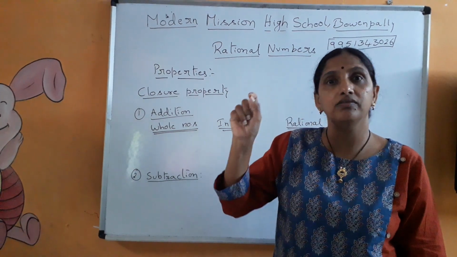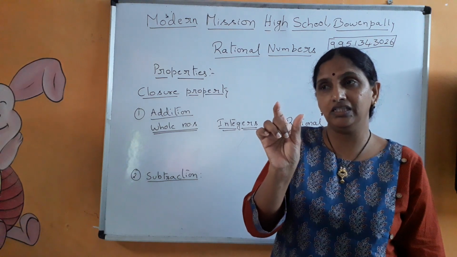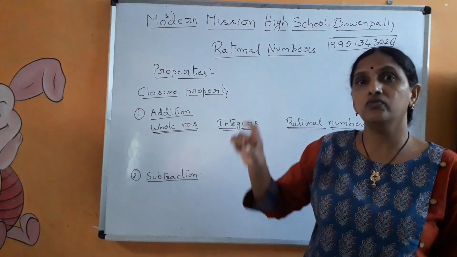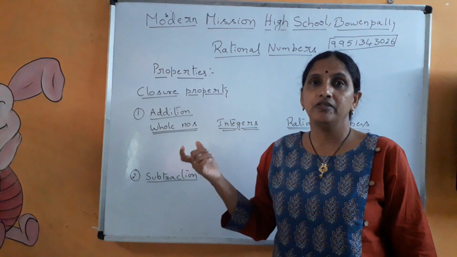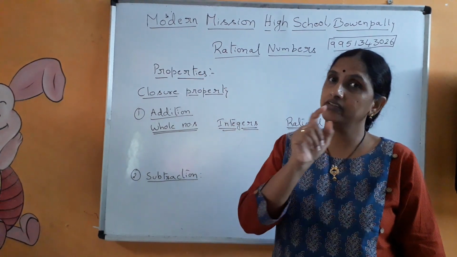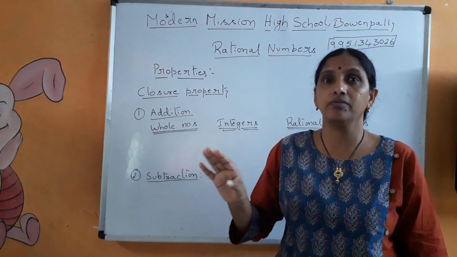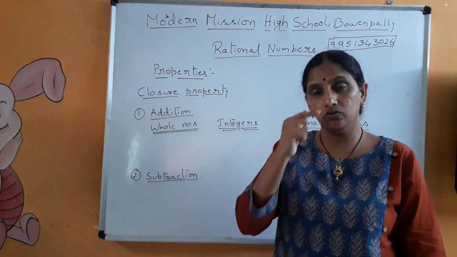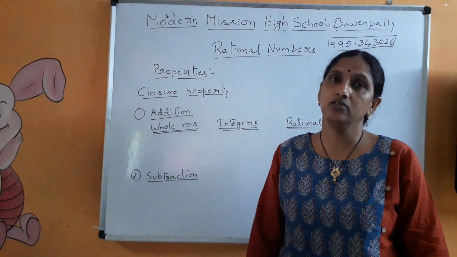Or 0.125125125, where all three digits, 125, are repeated again. So if the decimal is not terminating but is recurring, then those values are also called rational numbers.